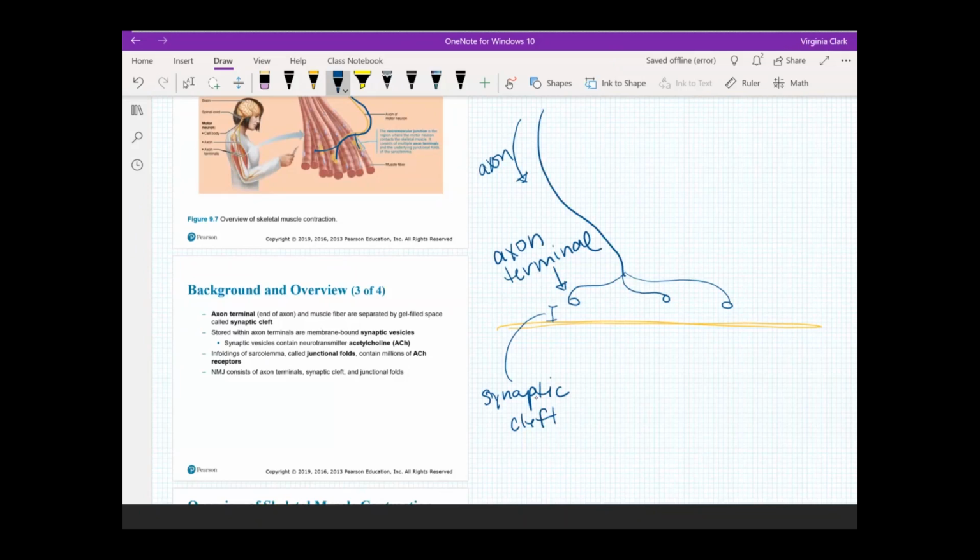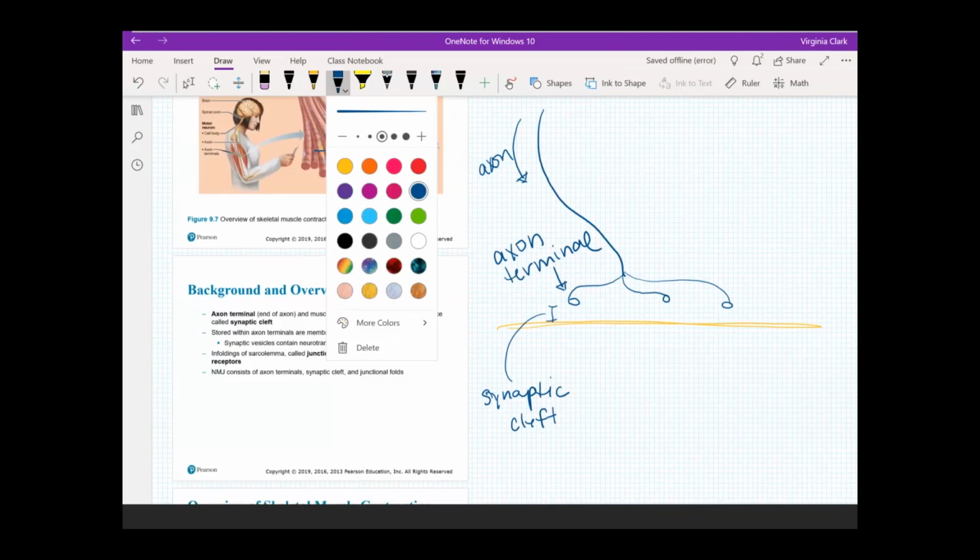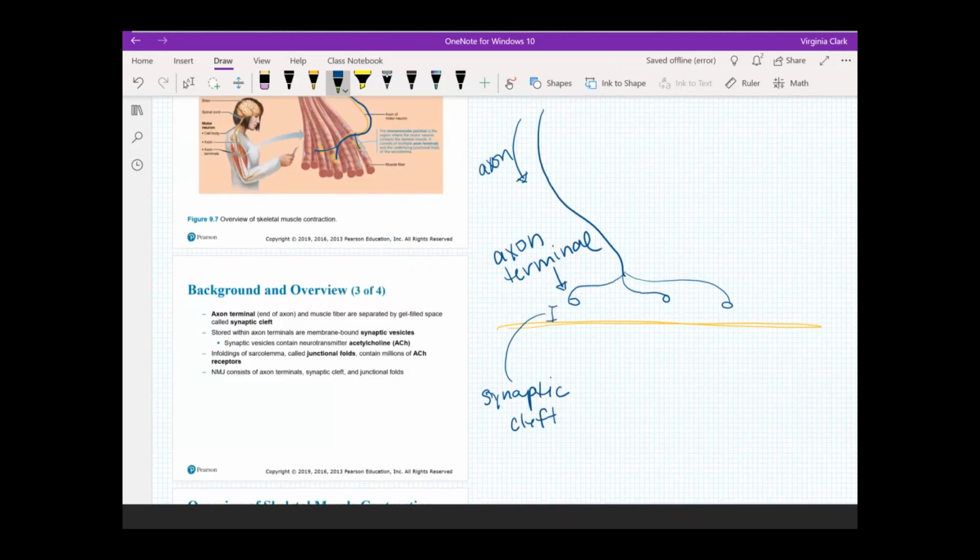If we need to get communication across this pathway, from the neuron to the actual muscle fiber, the way that happens is through membrane-bound synaptic vesicles. Across this little cleft, we will send something from our axon terminal all the way across to our plasma membrane, our sarcolemma.